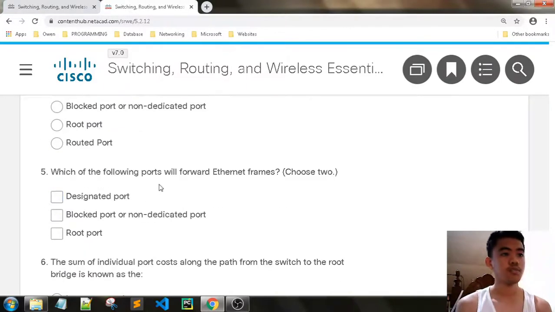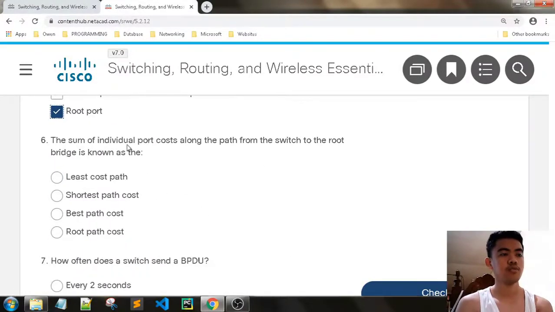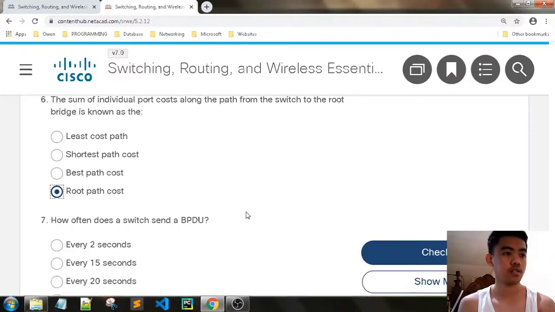Which of the following ports will forward Ethernet frames? We have here the designated port and root port. The sum of individual port costs along the path from the switch to the root bridge is known as the root path cost.